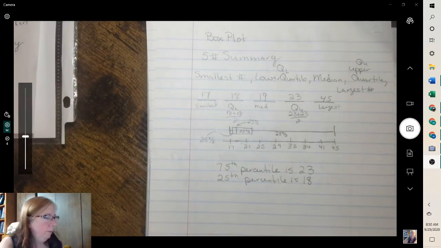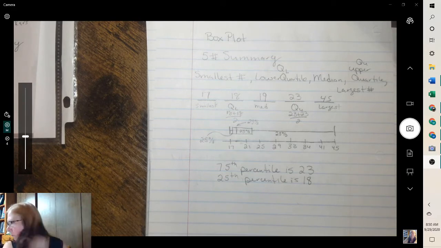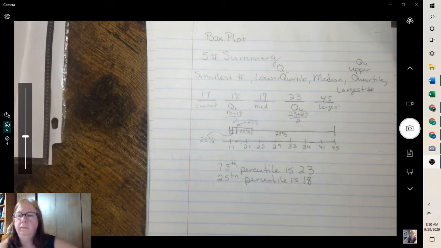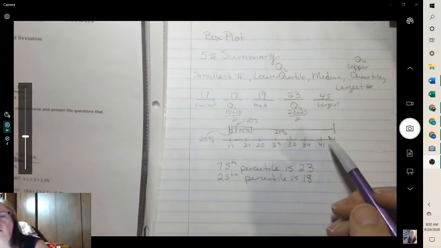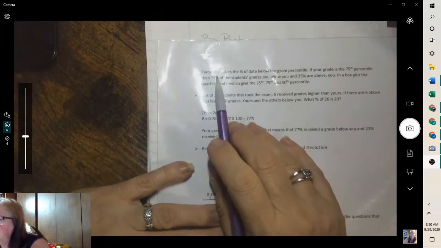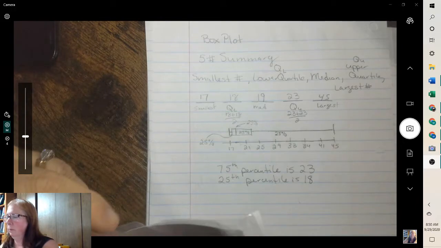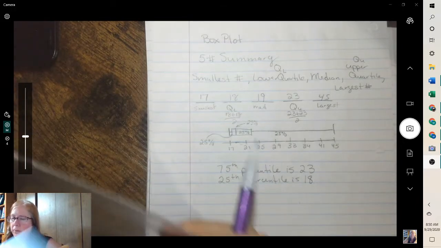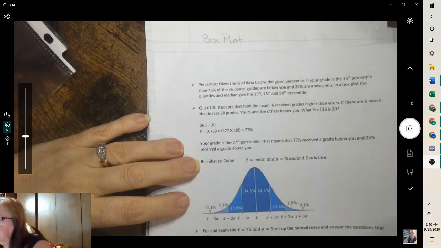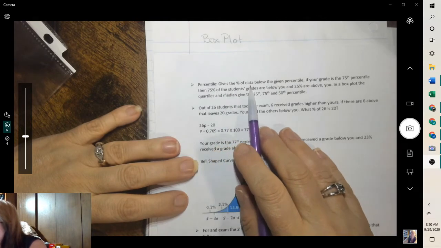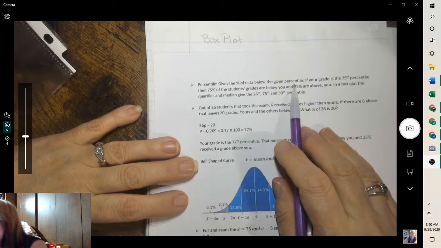I think there were a few more questions on this one I wanted to cover. Let me pull it out. Percentile gives the percent of data below the given percentile, and that's what we were talking about.